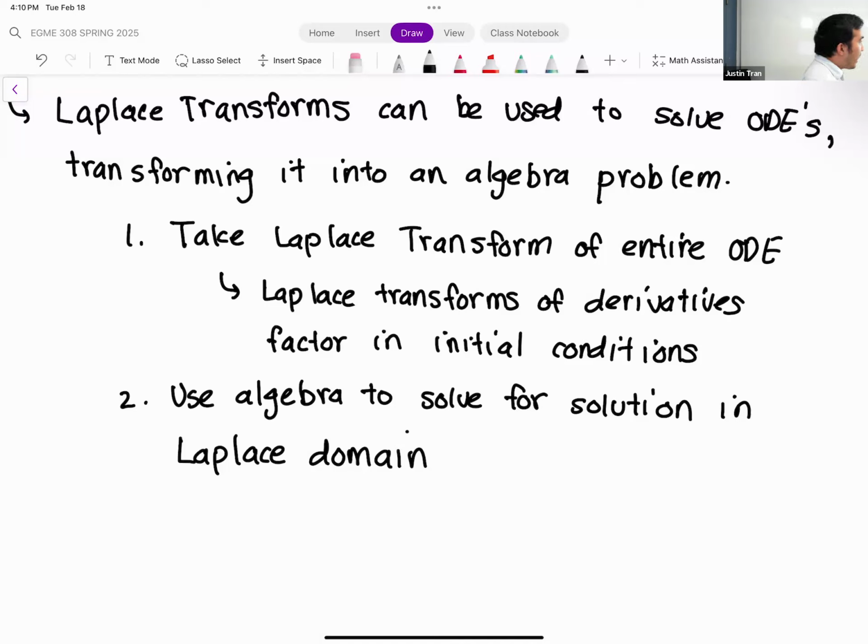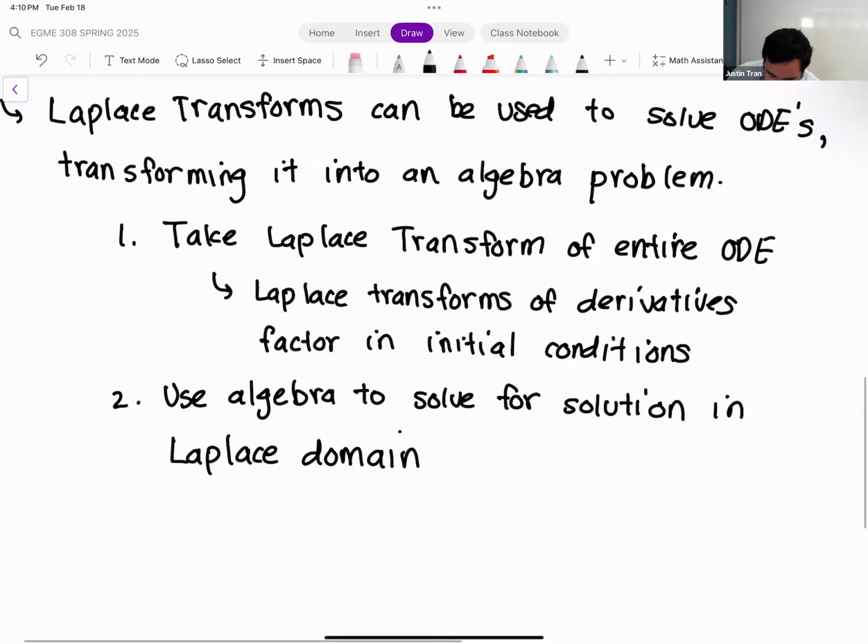After we take the Laplace transform, all of the derivatives are going to go away. We're just going to have an algebraic expression, and so we can just solve for it that way. It's at this point where you usually have to simplify your expression using partial fraction decompositions.